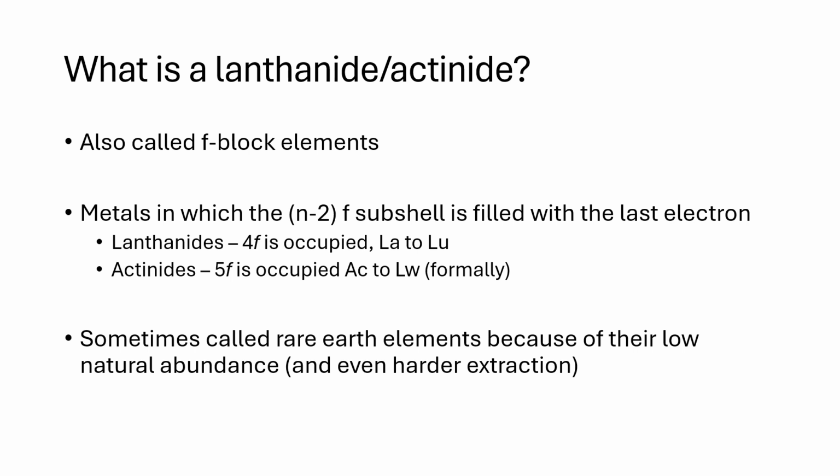So in the lanthanides, we see the 4F is occupied, and in the actinides, the 5F shell is occupied. And formally, some of these don't fall into that category. For example, lanthanum doesn't really fall into that definition, but formally it is defined as such.